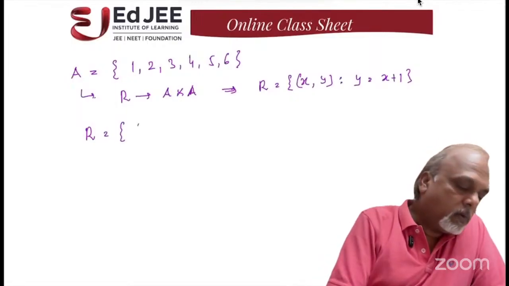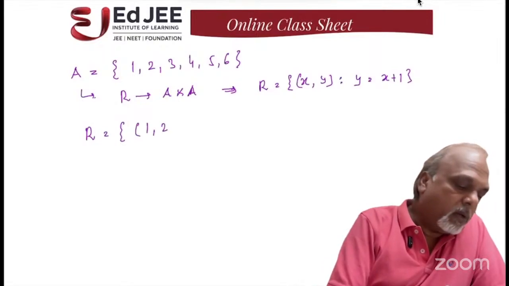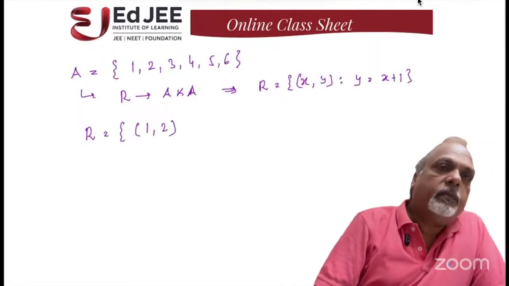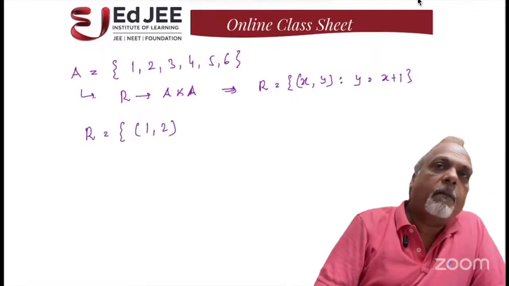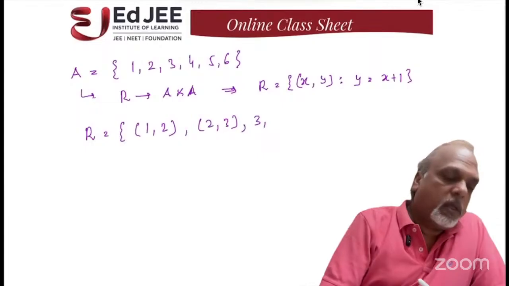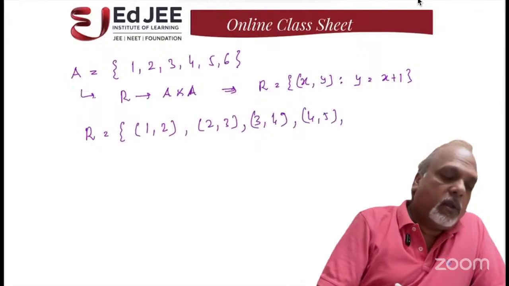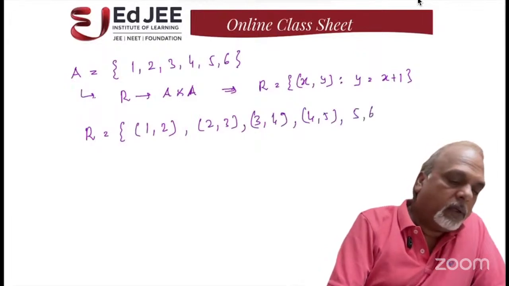If x is 1, then y is basically x plus 1, so this will be 2. Then if x is 2, naturally it will be 3. Then x is 3, then it will be 4. Then x is 4, then it will be 5. Then if x is 5, then y is 6.